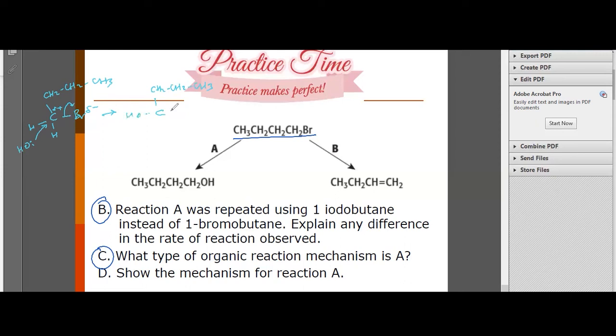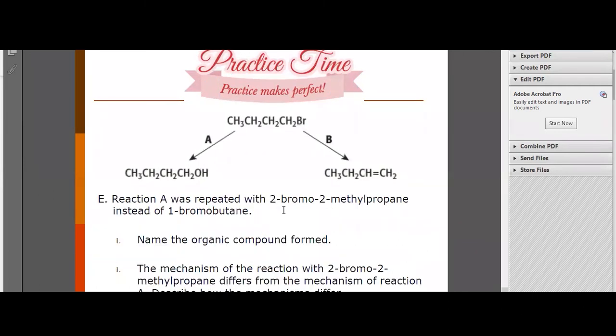This is OH, this is Br, H, H, with the negative charge here, and then it changes to the product, CH3CH2CH2CH2OH plus Br minus. Okay, this is the mechanism. So we are done. Next question.